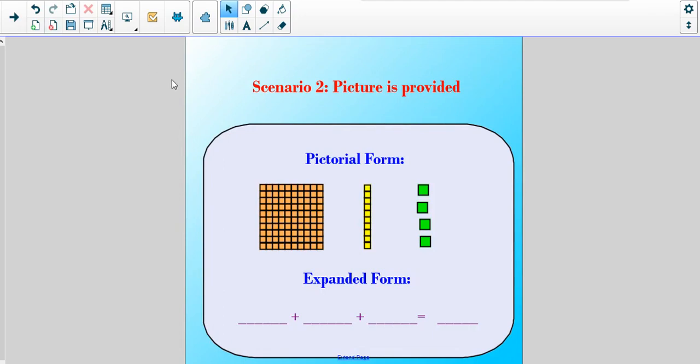Sometimes we are asked to represent numbers in a different way, but the number is not provided, and only the picture is provided. So before we can represent our number in expanded form, word form, and standard form, we need to identify the amount that we are presented with.